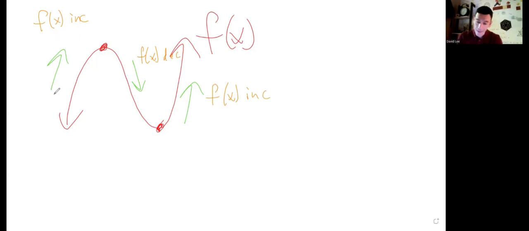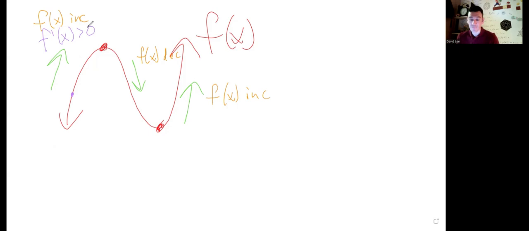Now, here in purple, let's go back to the left. If f was increasing, notice that if I draw a tangent line anywhere during this time, that tangent line has a slope that's positive. And the slope is like the derivative. So when f is increasing, the slopes are positive, or that is the derivative f prime of x is positive, greater than 0.